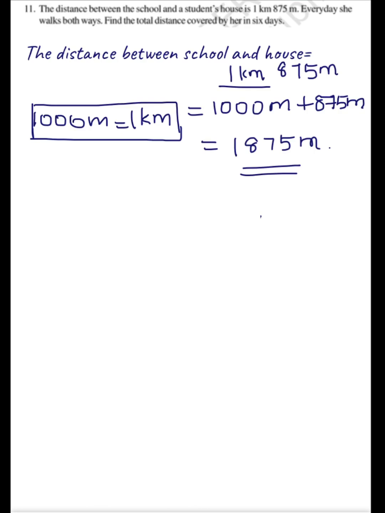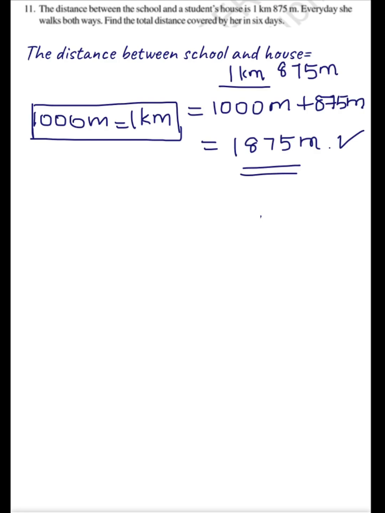Every day she walks both ways. That means the total distance covered by her each day is equal to double this. This is one way travel.